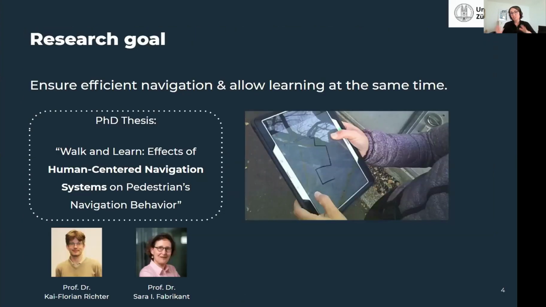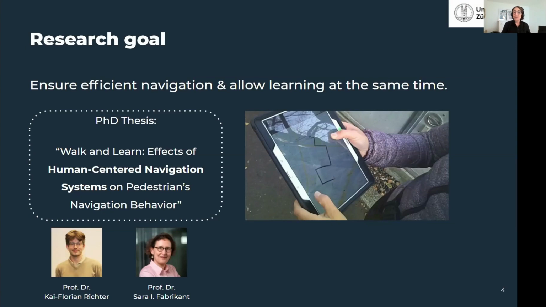For the audience that mostly comes from a neuroscience field of study, to understand my point of view, I'm coming from the geography department. My research goal in my PhD was whether it is possible to design navigation systems that, on one hand, ensure efficient and effective navigation so that we actually reach the destination, but at the same time allow us to learn the environment and to build up a mental representation of the space.